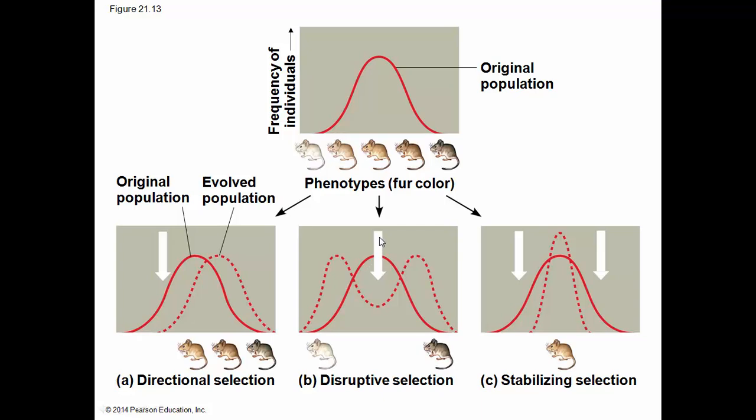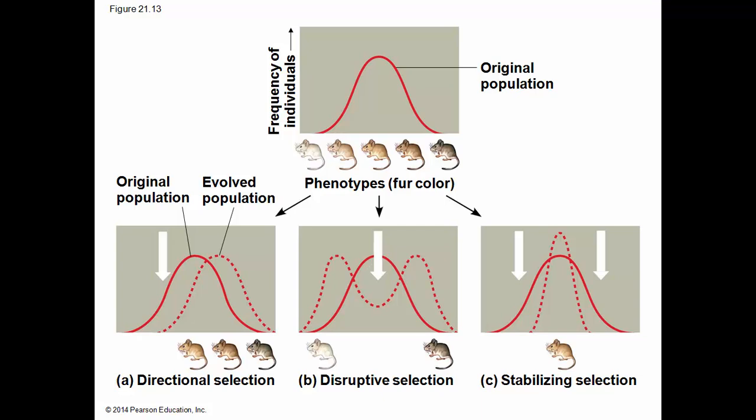Disruptive selection is where the selective pressure may come at an intermediate stage, and for some reason the mid-range tan-colored mice are more evident to predators, and the light-colored mice are able to hide in the light-colored parts of the habitat, and the dark-colored mice are able to take cover in the dark-colored parts of the habitat.